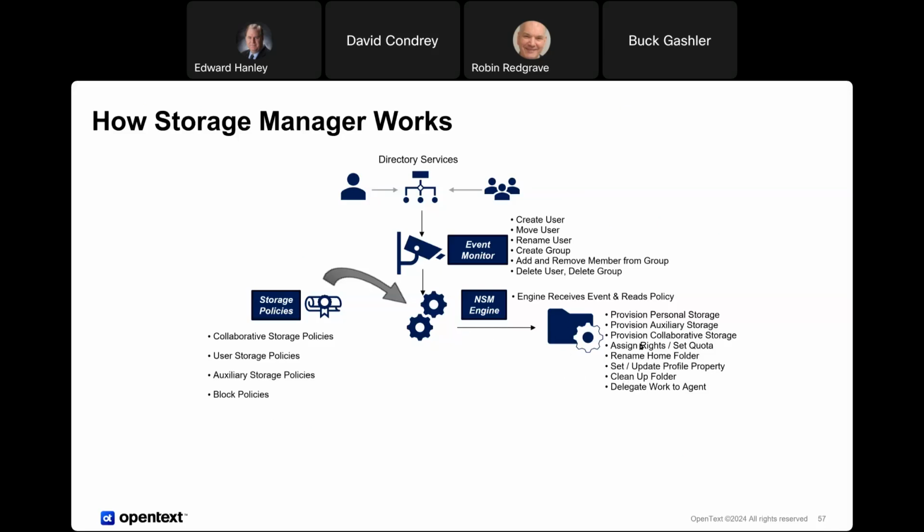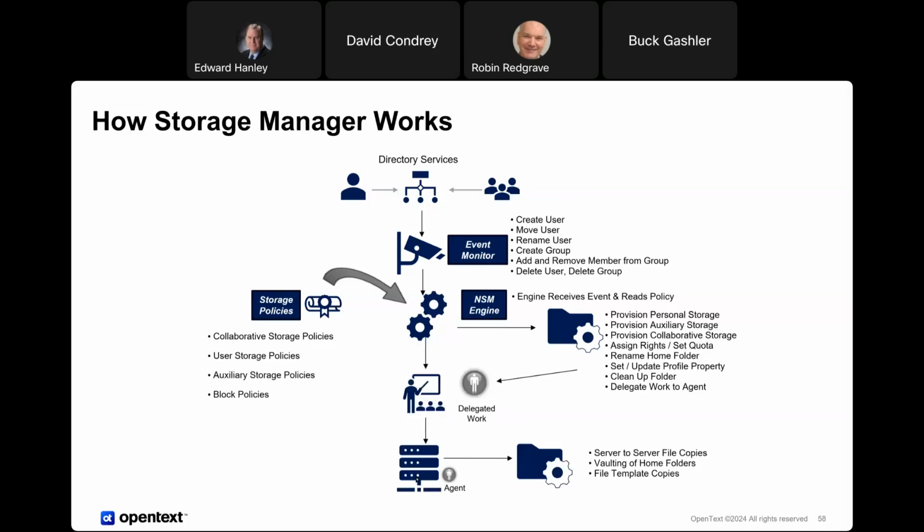Now the engine may do some of the work itself, or we have a network of agents that are out there. So it's going to delegate out to those agents a little bit like we saw with File Reporter for the scans, but in this case, it's actually taking action. So this becomes much like an orchestra conductor with all of the agents out there doing the work.